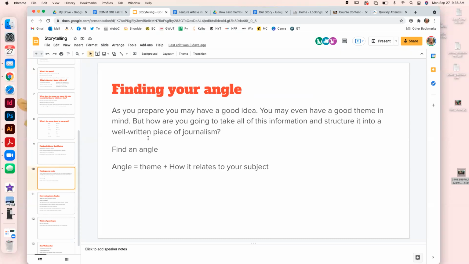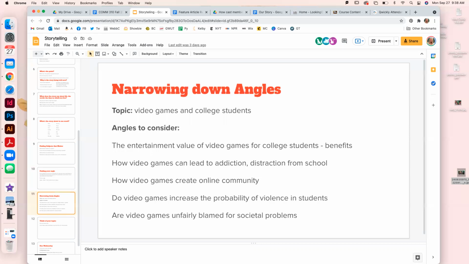How can a certain person or a certain group of people illuminate your theme? So we're going to look into taking that and narrowing it down to an angle. For instance, if the topic you're looking at is video games and college students, here are some angles that you could cover on it.